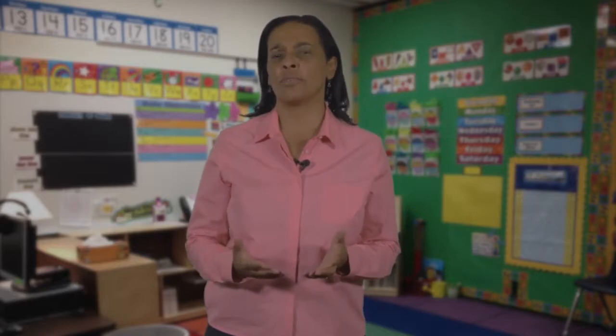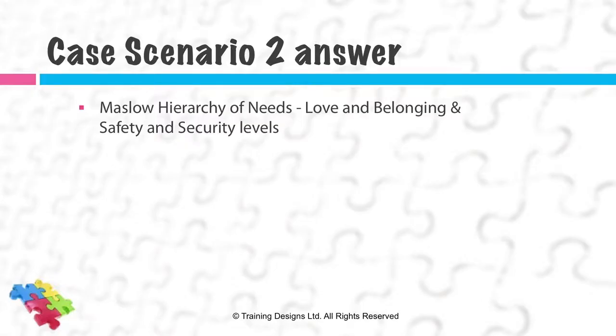Well, Josh is going through a lot of transition, so how is this making him feel? If you think back to the Maslow hierarchy of needs, perhaps the love and belonging level and safety and security level are to be addressed in terms of settling Josh into the nursery and helping him to feel more secure.